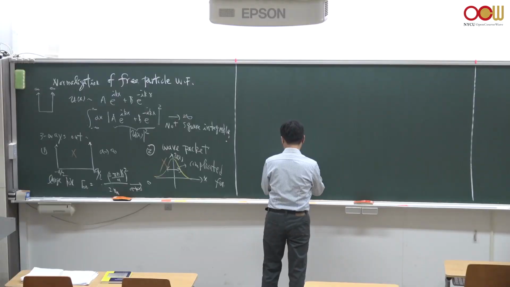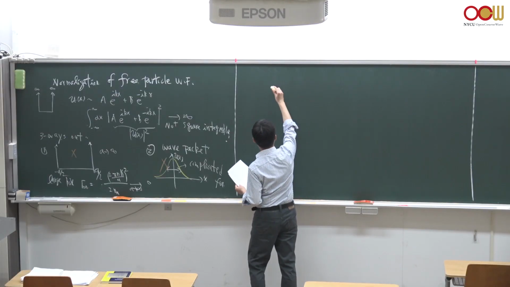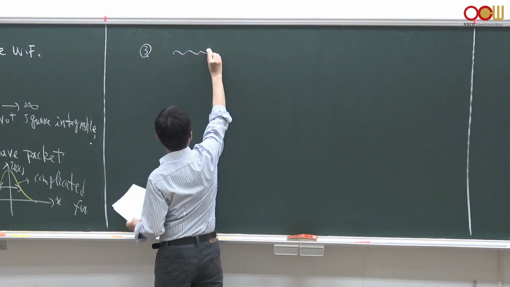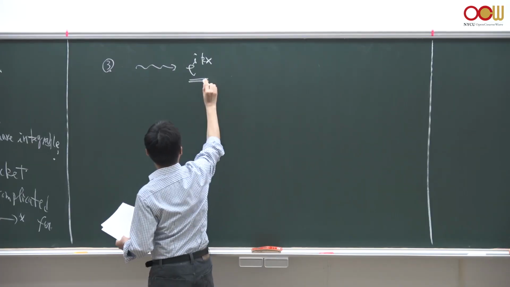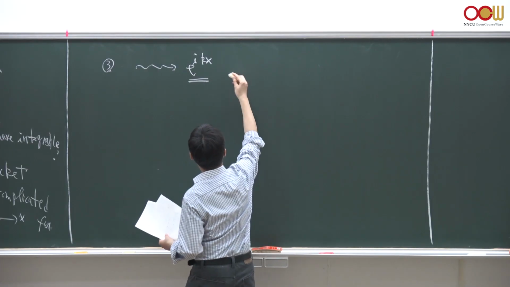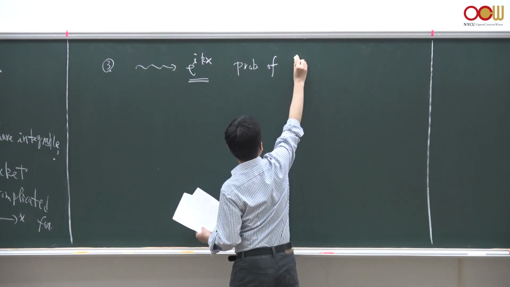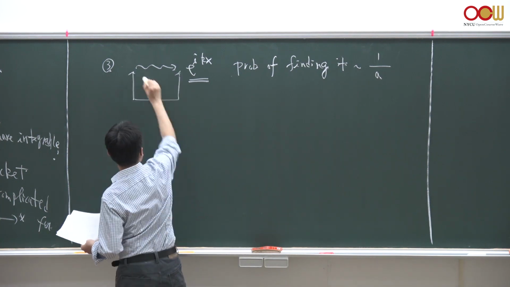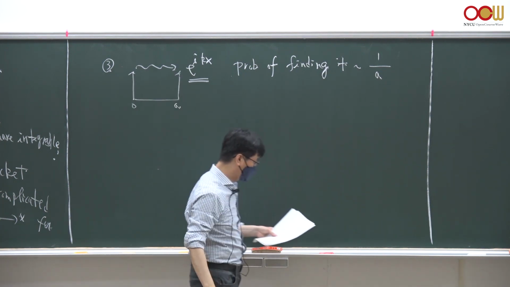So the final solution is the more practical solution. We know that for a plane wave like this, the probability of finding the particle is proportional to 1 over a, where a is the width of your potential well.